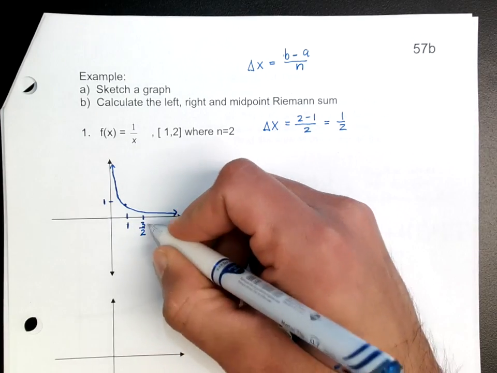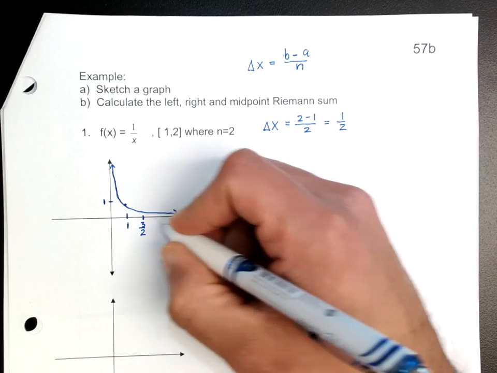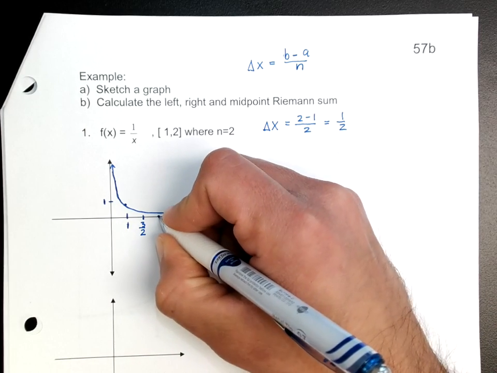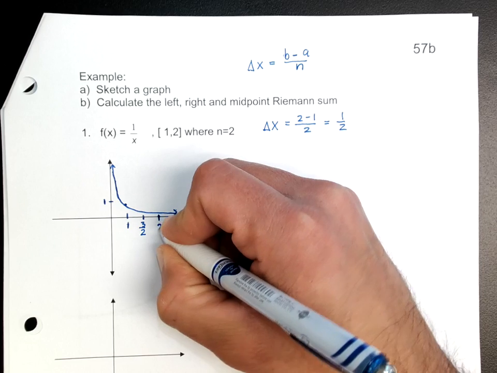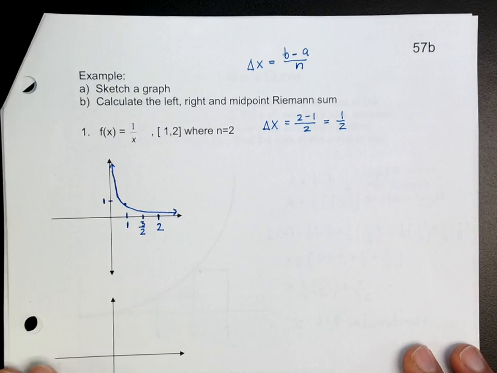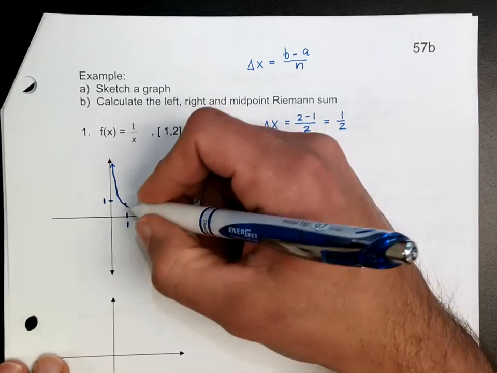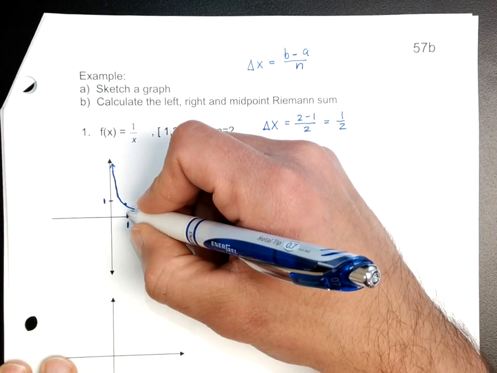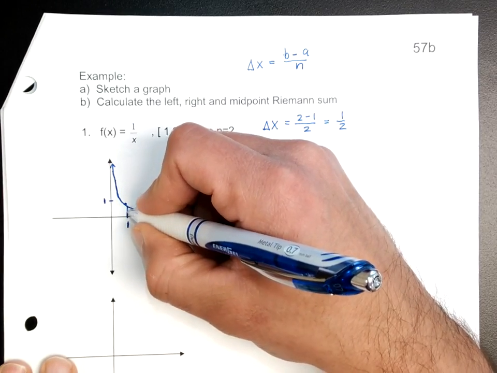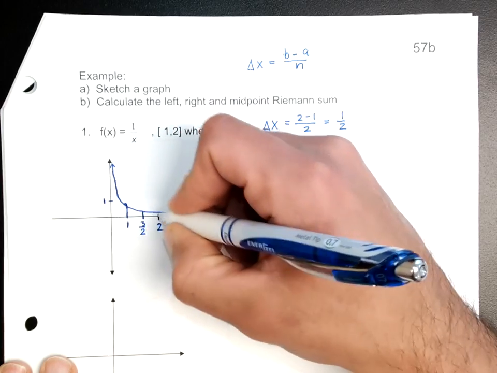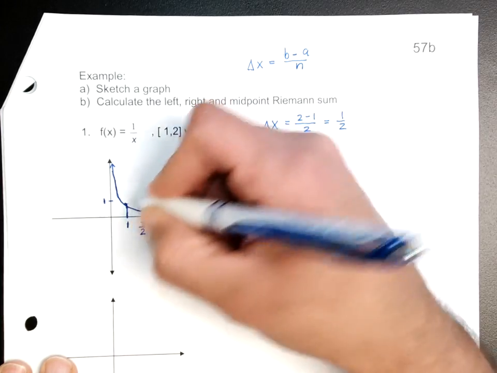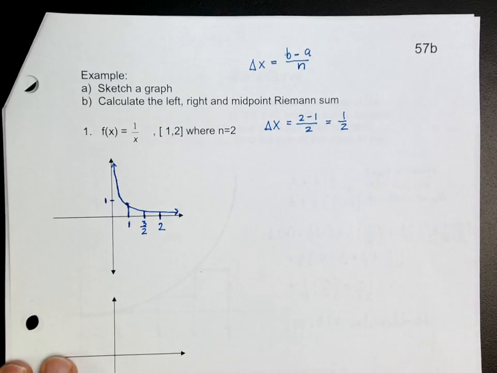Then I'm going to add a half to this, so the next one is going to be 2. On this one I'm going to be doing the left sum. So again, start from 1 and start drawing your rectangles. Notice that I did the left sum here.